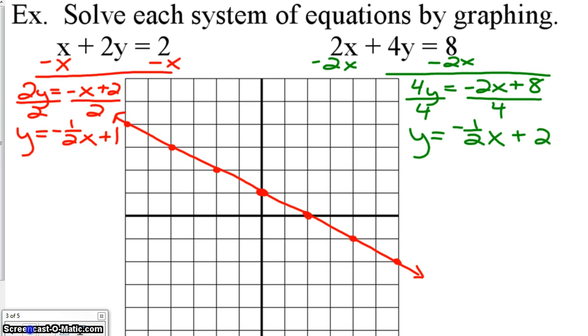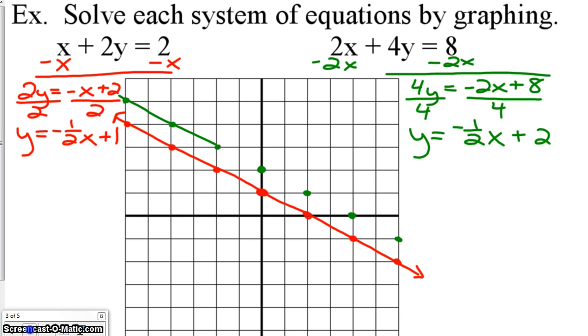As we go to graph our green line, you can see our y-intercept is at positive 2, and our slope is also negative 1/2. So again, we're going to go down 1, right 2, and continue in that pattern. We will graph our green line.